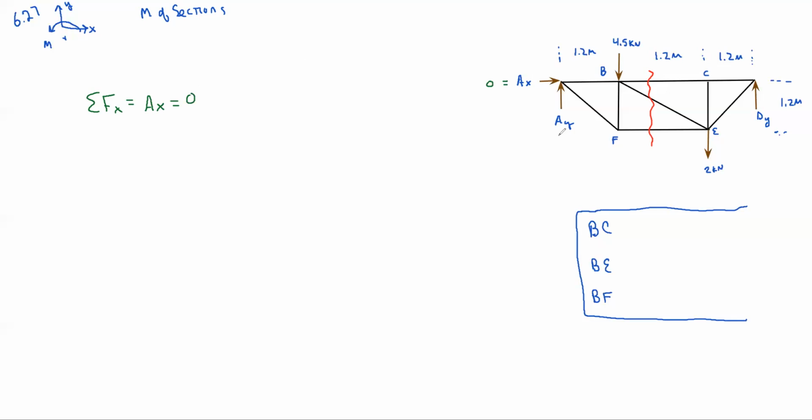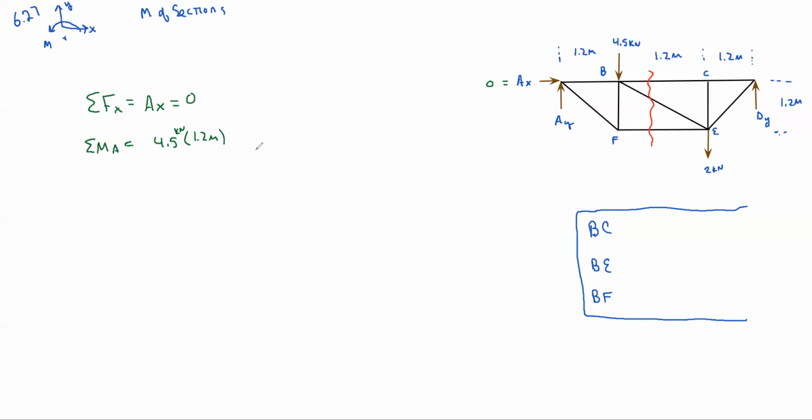We've got two unknown forces in the Y direction, so I'm going to take a moment about A. AX and AY would not be players because they're pointed right at A. But the external force at joint B is a player, 4.5 kilonewtons, and it's 1.2 meters away.